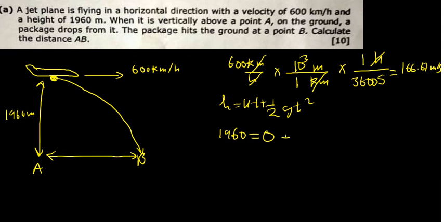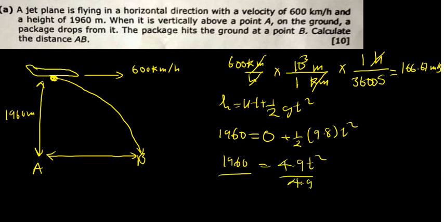Plus half, so the package is dropping, g is positive 9.8, t squared. This will be 1960 is equal to half multiplied by 9.8, that's 4.9 t squared. Divide both sides by 4.9, and then to remain with t, also square root both sides. Therefore, t is going to be 20 seconds. This is the time of flight.